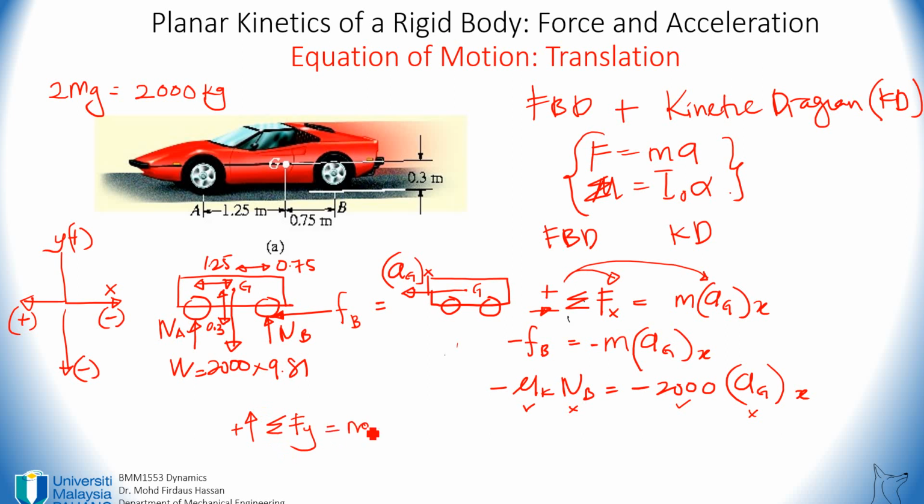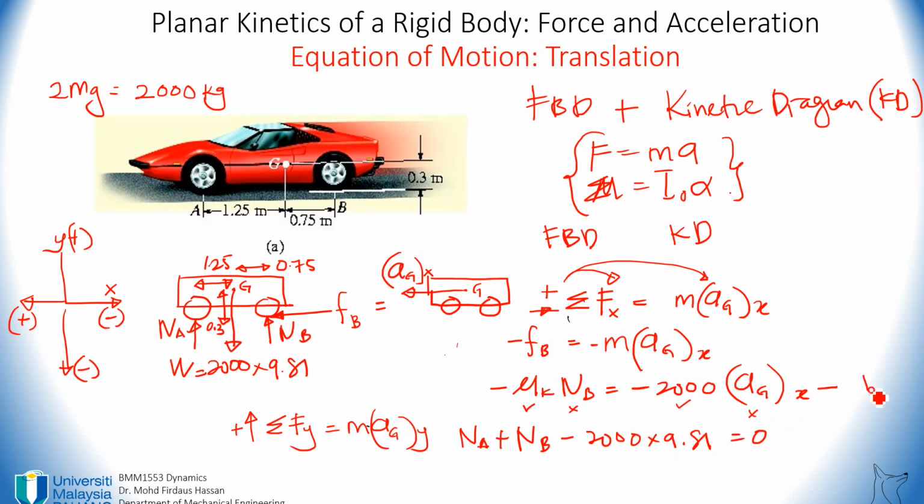M A G Y, and of course this AGY is 0 because it doesn't have an acceleration in Y. So you will have NA plus NB minus W, minus 2000 times 9.81 is equal to 0.